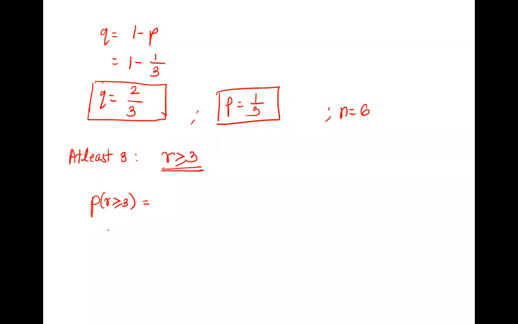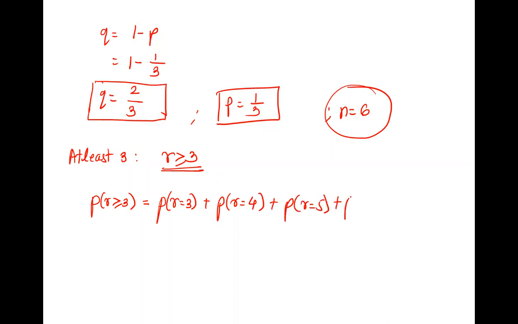Up to what? 6. Here n is 6. So greater than or equal to 3 means start with 3 and go to 6. So probability of R is 3 plus R is 4 plus R is 5 plus R is 6, because we are going up to 6 only.